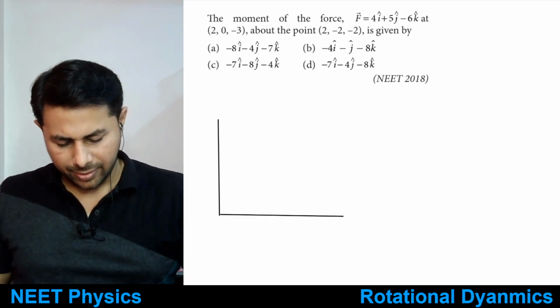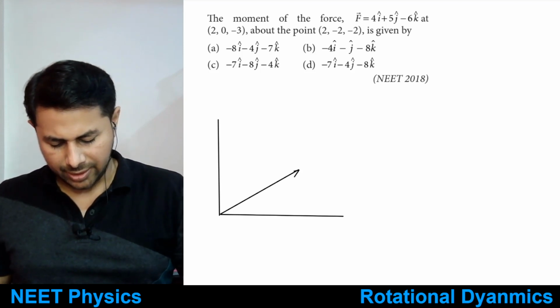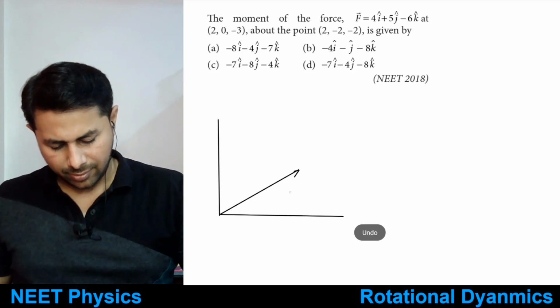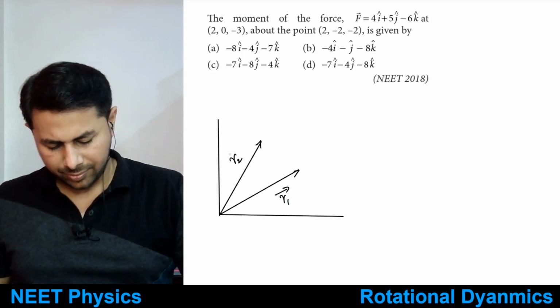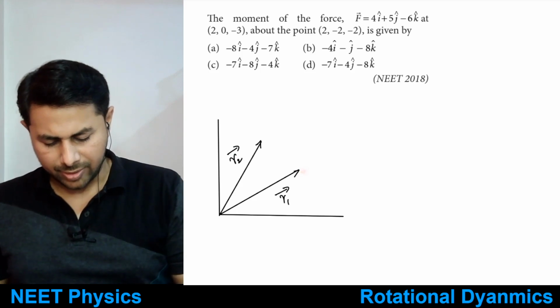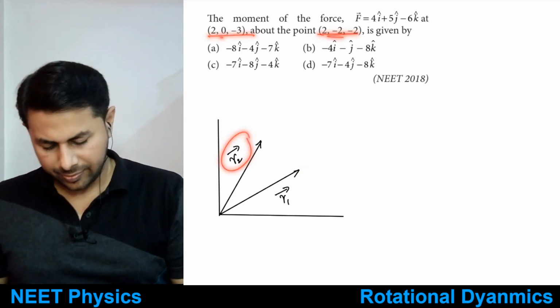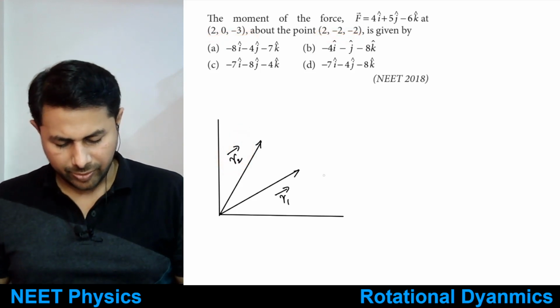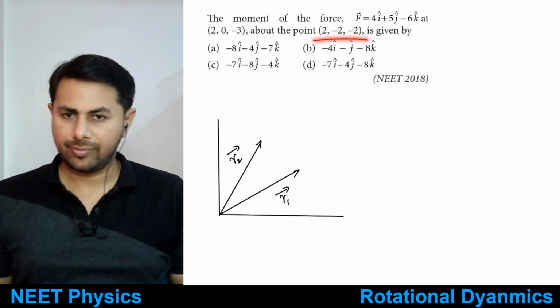But what is that point? So see, let's say this is that point, so let me call this thing as R1 bar. This is my R1 bar and this is my R2 bar. So this is the position vector of this point, and this one is position vector of this point. So what will be this thing? 2i cap minus 2j cap minus 2k cap, right?